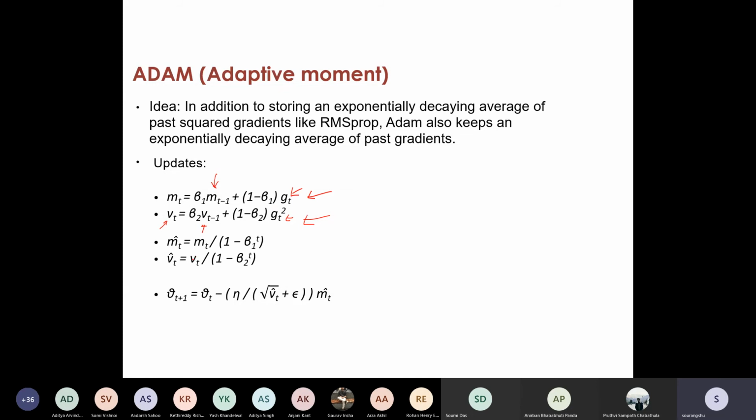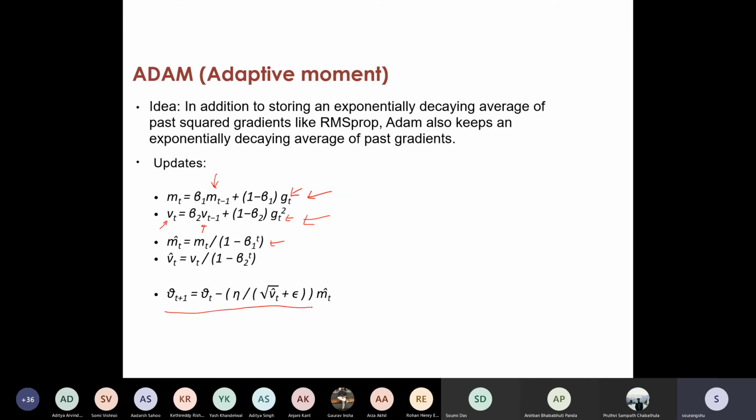Then it rescales using this 1 minus beta t.